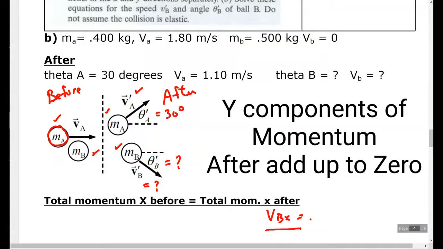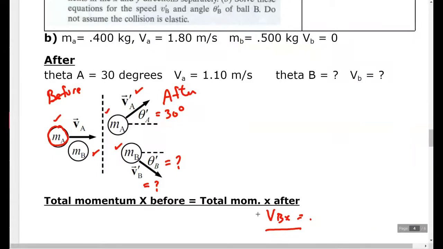So what do they want? They want the two things that we do not know, which are theta B and VB prime.